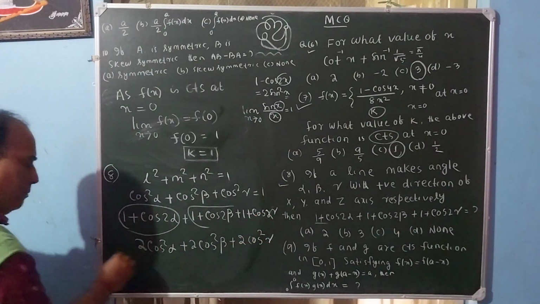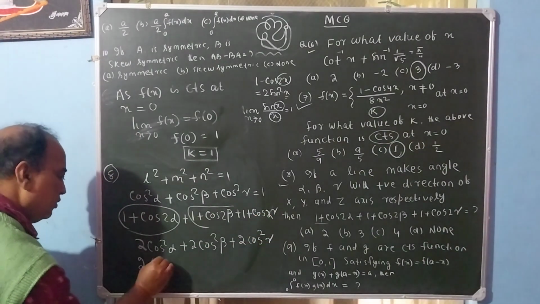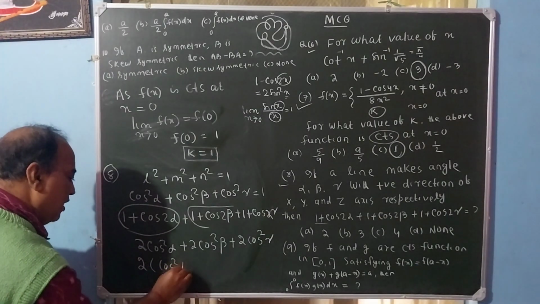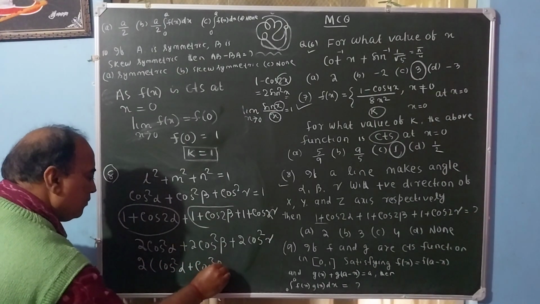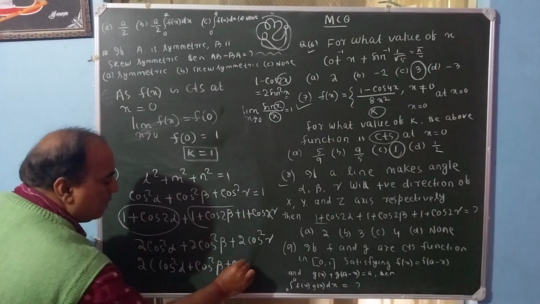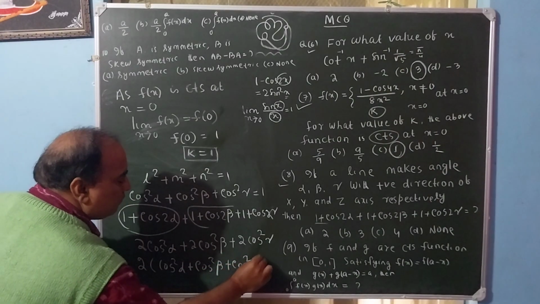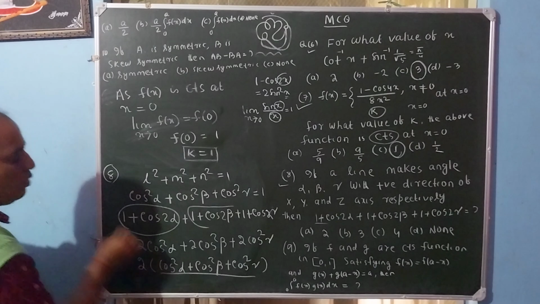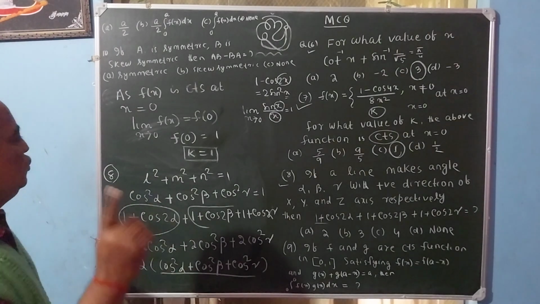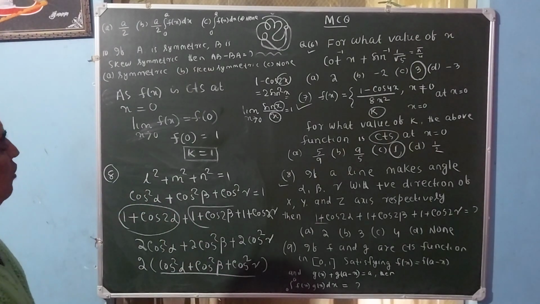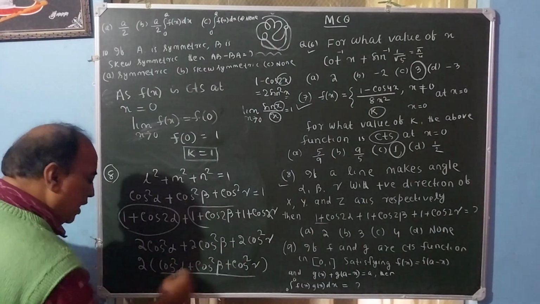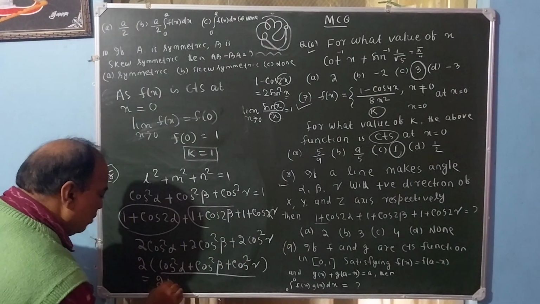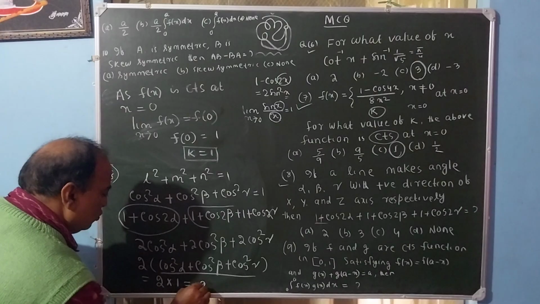Taking 2 common: 2 times (cos square alpha plus cos square beta plus cos square gamma). The value is equal to 1, since the sum of squares of direction cosines of any line must be equal to 1. So 2 into 1 is equal to 2.